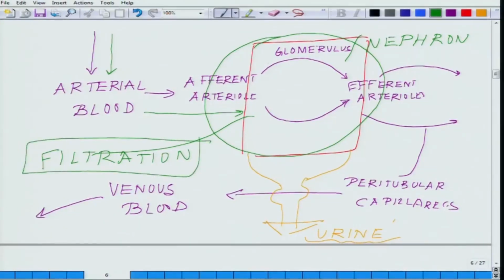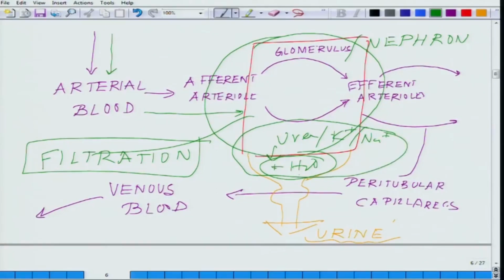Once filtration takes place, along with some of the water, the urea and other things that are not needed, some of the electrolytes, and some pus cells move down in the form of urine, whereas here you have the pure blood and here you have the impure ones.